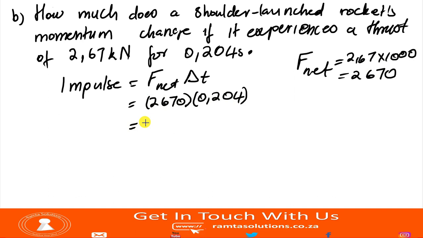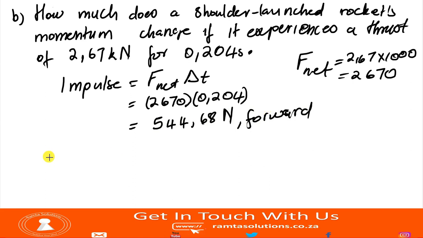Okay, 2,670 times 0,204. Okay, now our answer is 544,68 newton seconds. Allow me to say forward because this one, it experienced a thrust. So I'm going to say forward.